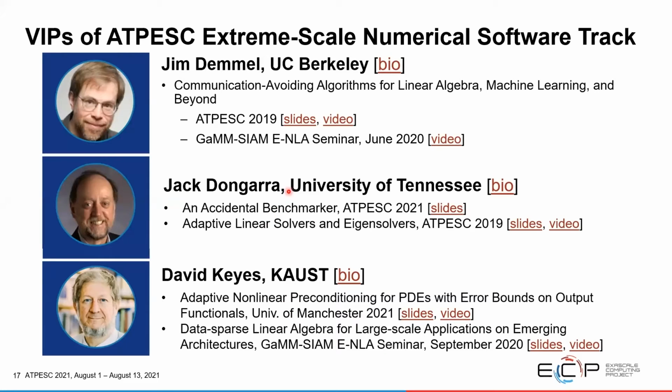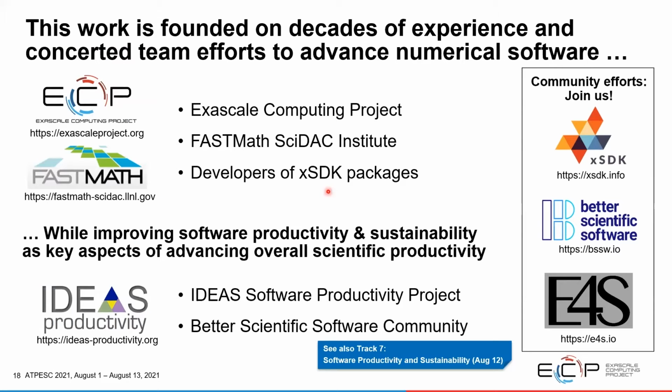So this work that I'm presenting is focused on many decades of research and development in different institutions and projects. Among those are the Exascale Computing Project, the FASTMath SciDAC Institute, as well as their different efforts like the IDEAS Productivity project. If you want to learn more about productivity and sustainability, I just wanted to let you know about track 7, which is coming up in 2 days, so you can get more details.